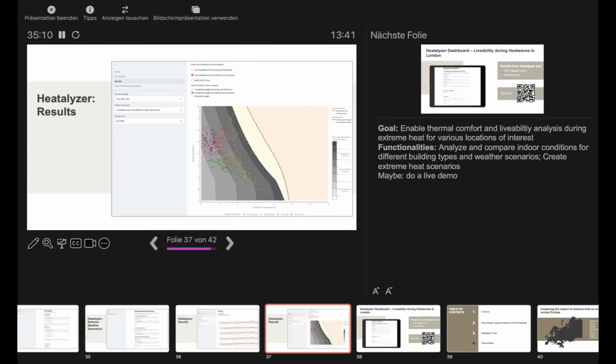But what we did is we ran this analysis with the UK, as I already mentioned a few times, and especially the livability results.